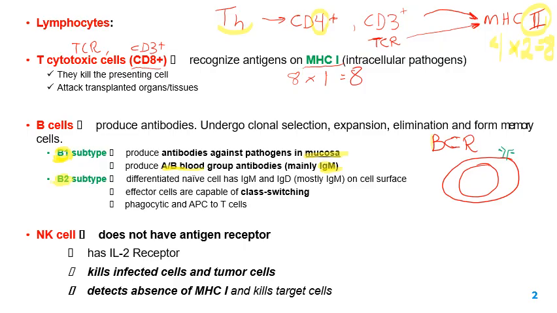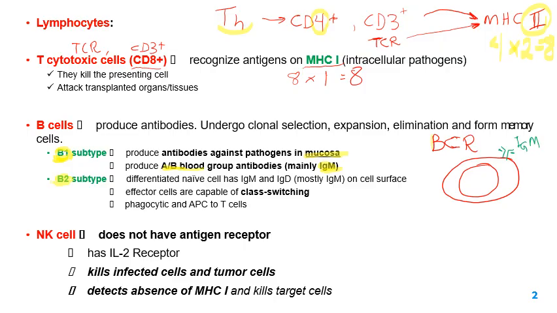Okay, so the naive B2 type is going to have this B cell receptor that is called IgM. So IgM, when it's bound to the surface of the cell, is only a single unit there. It's not a multimer. It's a monomer.